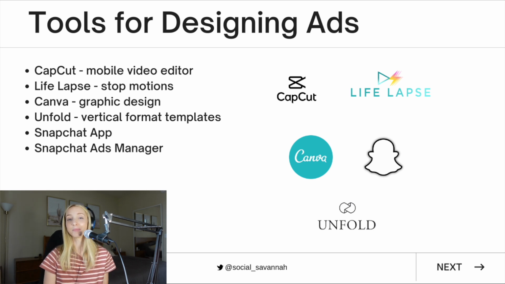Personally, I don't use these templates. I rely on my designers and we film a lot of our own UGC. But if you're just getting started and you have a low budget and you don't want to go through the process of making an ad or hiring designers or using these apps, in Snapchat Ads Manager, you can upload a raw video or some photo assets, and they have some templates for you to get started.